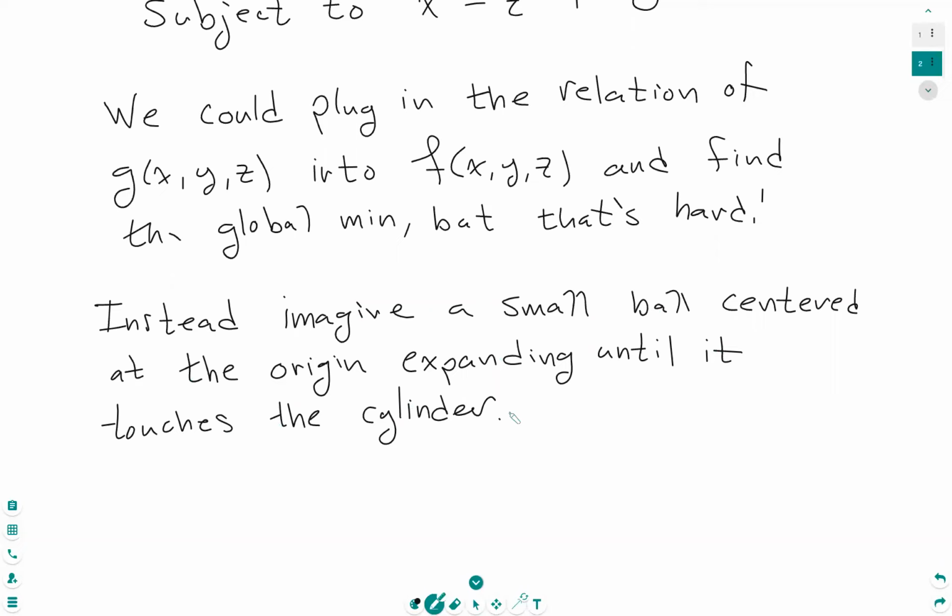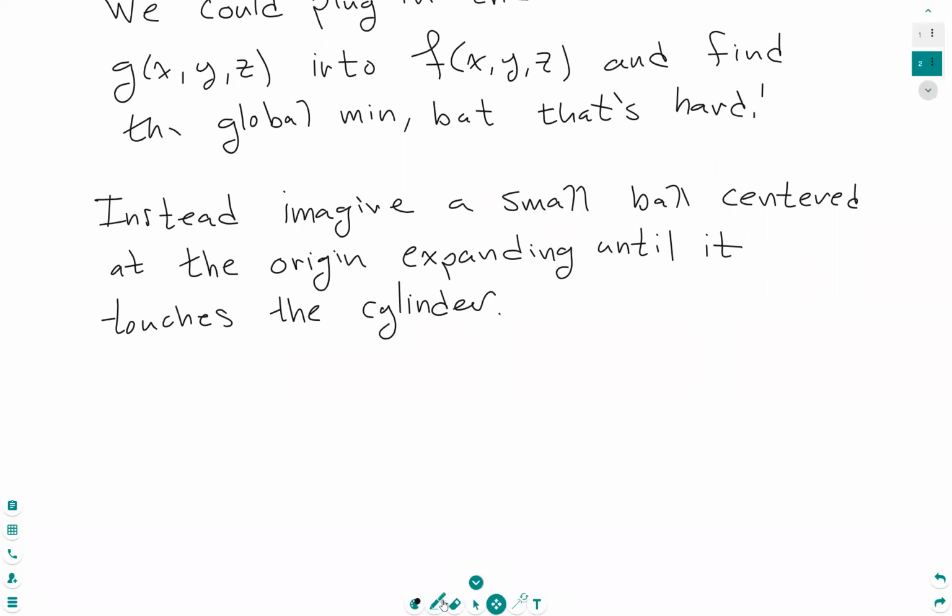So we have a ball centered at the origin, and it's continuously growing until it touches the cylinder. And then we know that as soon as it touches the cylinder, that is the point that's closest to the origin.